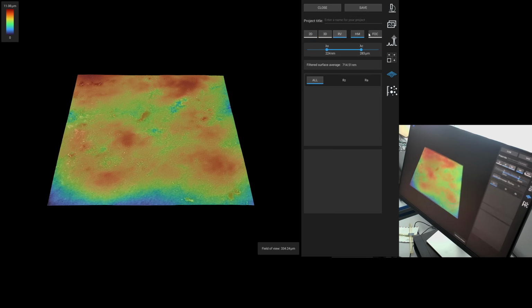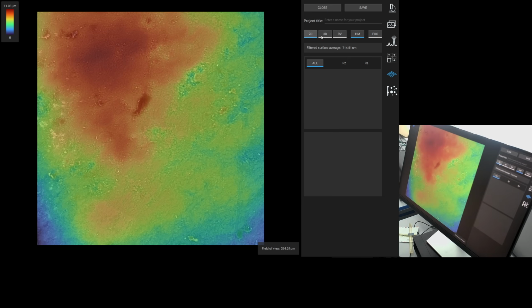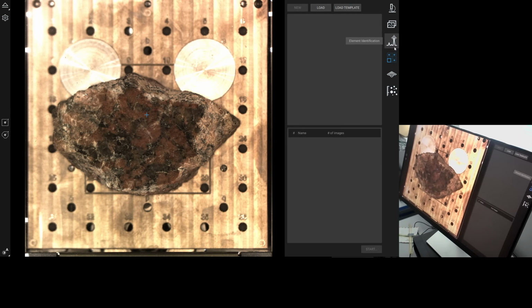So if we do, there we go, it is pretty darn flat, I would say. The machine is struggling at the moment for some reason, don't know why. Maybe it's got some data in there. So we're looking at this area here.